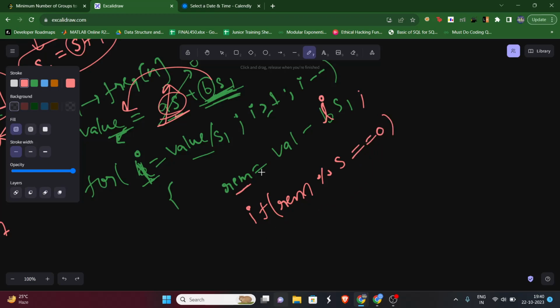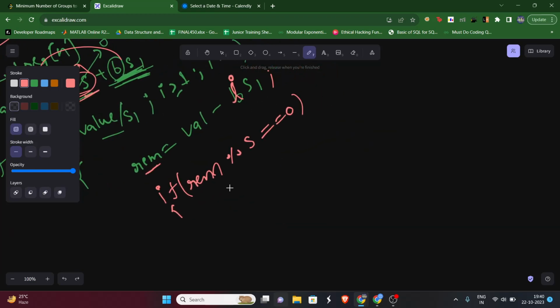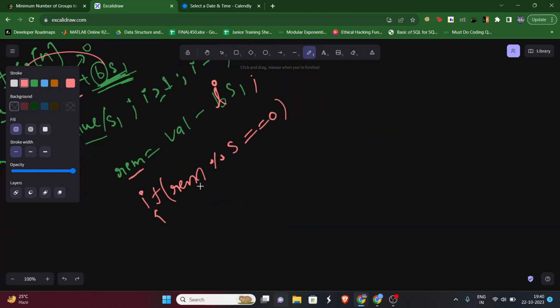This is b, and if this is the scenario, it means we can represent this particular value in terms of s and s1 multiplied by some coefficients. So for the total number of groups, we simply add i, that is the number of b, plus the remaining divided by s, which is a.